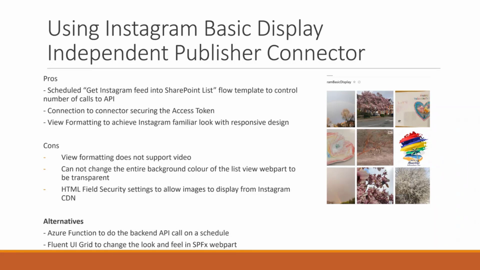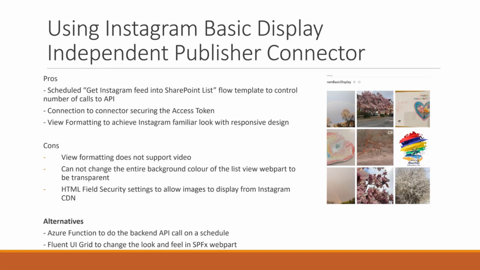And the other advantage of using the Power Automate flow, the template I'm using uses the independent publisher connector. So when you create a connection to the connector, you specify the access token, and in that way it keeps the access token secure as well.